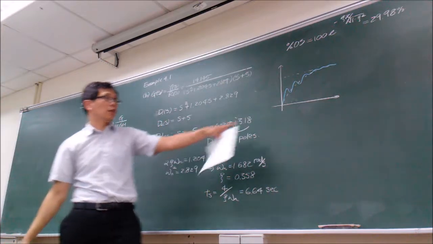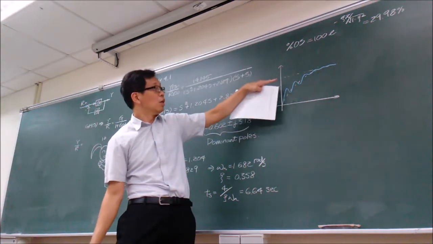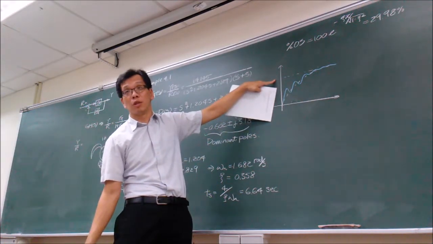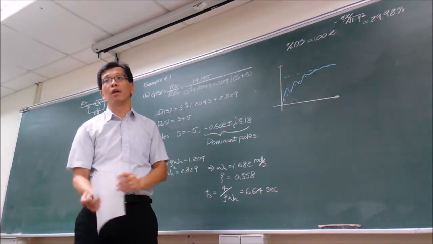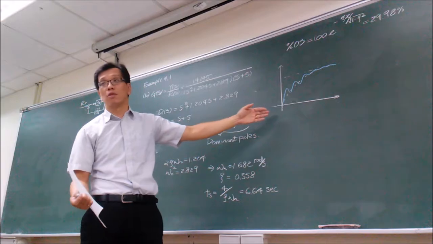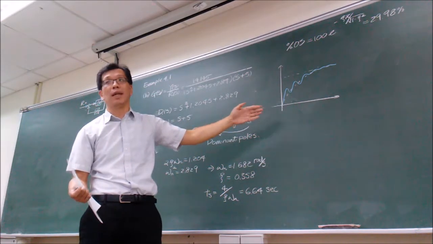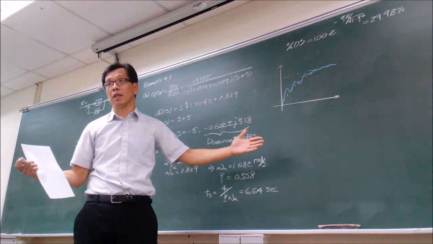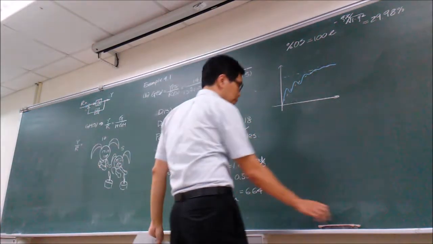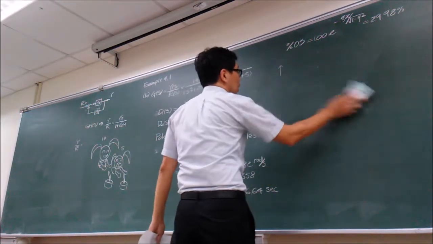But in this case, you cannot say this one is overshoot, because the definition of overshoot is greater than 1. So in this case, it's a difficult analysis. We can only tell the first order system is the dominant system, and that's all. Other than that, we cannot determine anything. Okay? Any questions so far?